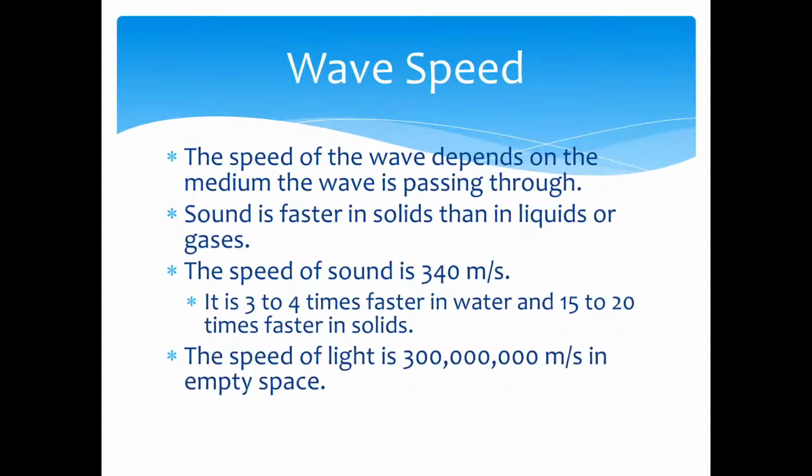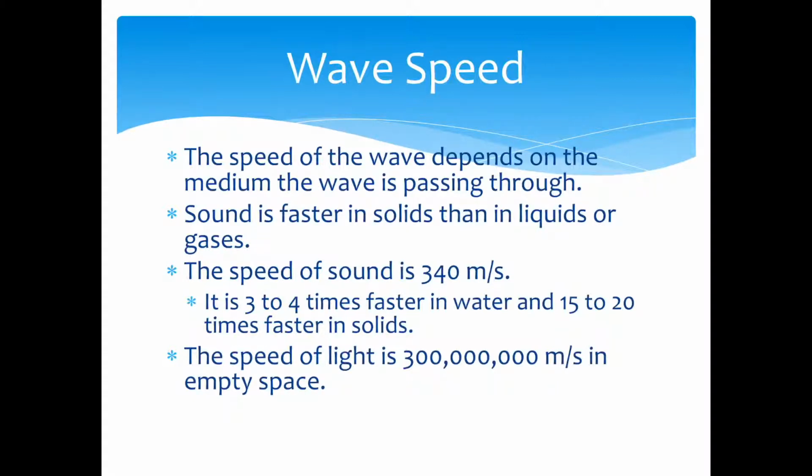So the speed of the wave is very dependent upon the medium that the wave is passing through. So it could be faster in gas than it is in a solid. Sound, on the other hand, is faster in a solid than it is in a liquid or a gas.